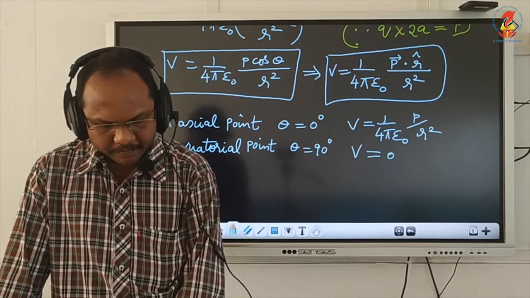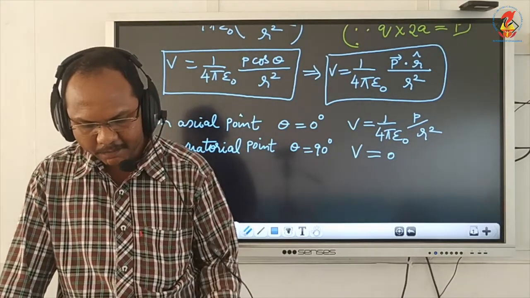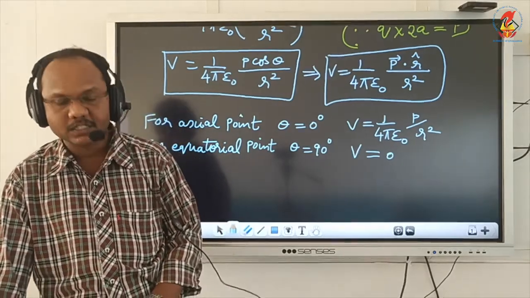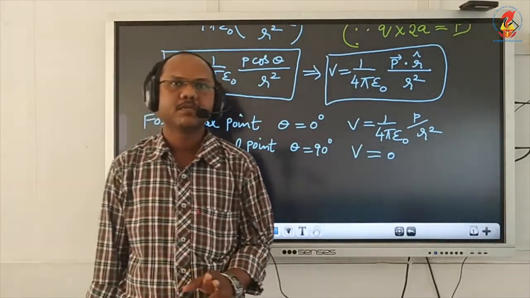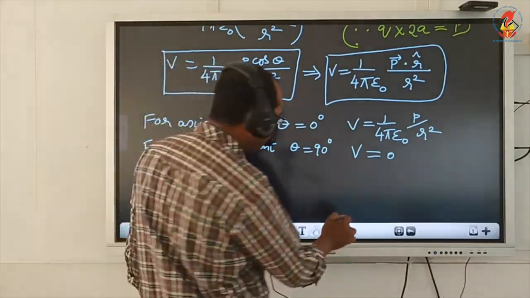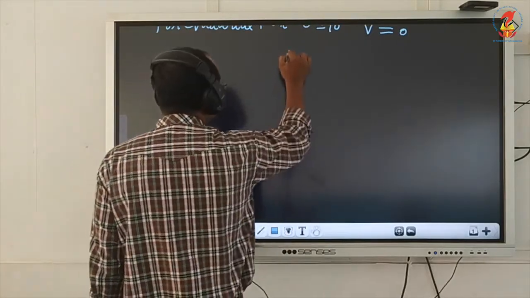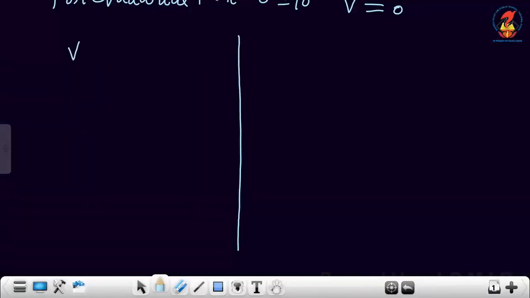Now if we compare the electric potential of a dipole and the electric potential of a single charge, we have certain differences. We have to consider two differences. So I'll just make two columns and draw. Potential of a dipole and potential of a single charge.